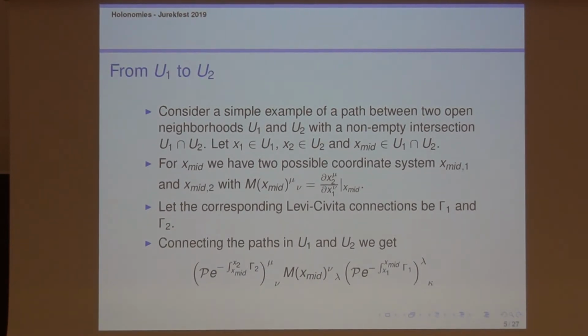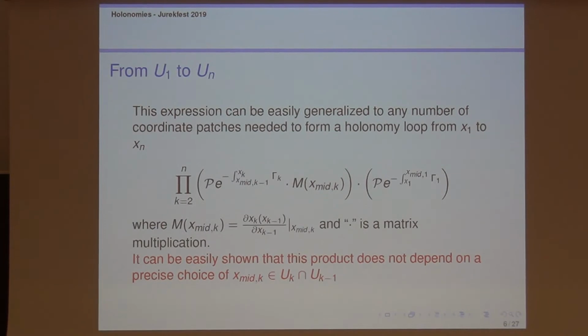And there, if we would like to perform a parallel transport from any point in U1 to some point in U2, we have to connect the parallel transport defined in these two regions. And this means that in the middle, we have to change coordinates from the system x1 to the system x2. And this is just a trivial identity.